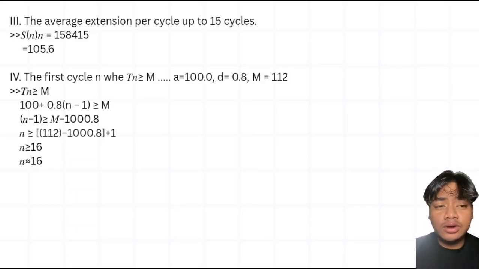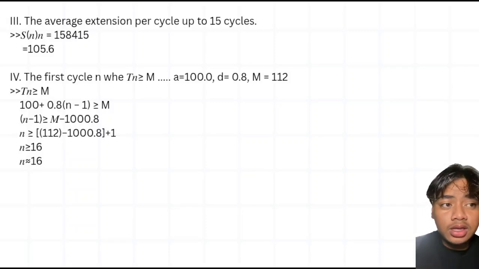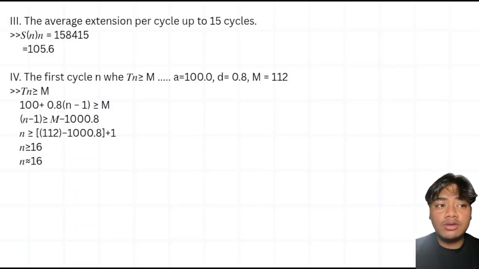Okay, so for the fourth answer, the first cycle n greater than or equal to m. Therefore, they're given a, the first term, is 100 and the common difference is 0.8, then m equals 112. So we use the formula Tn greater than or equal to m. We just put in 100 and 0.8 that were given. We use the Tn formula before, Tn equals a plus n minus 1 times the common difference.